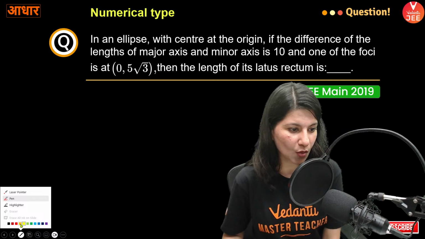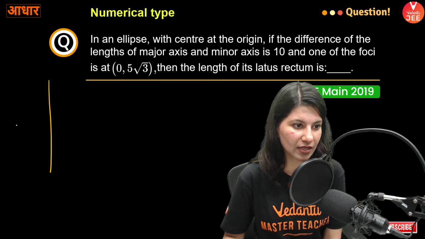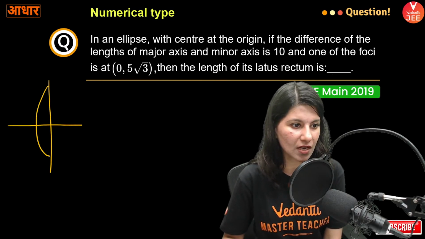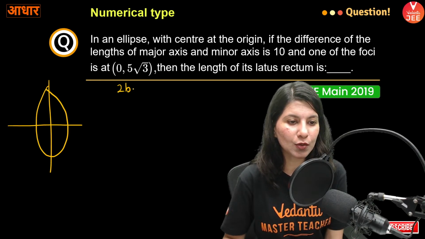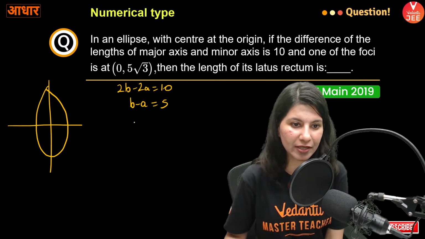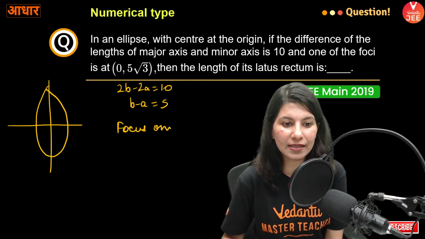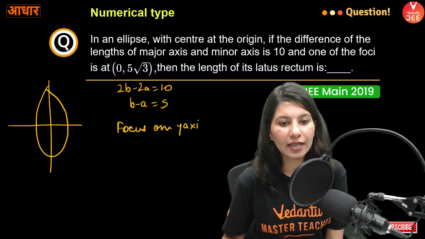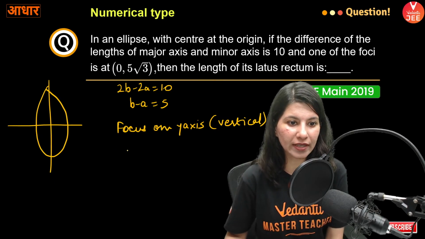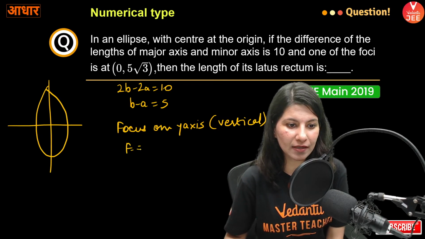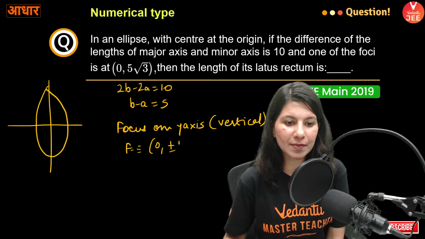Oops, I have erased all the ink. I need to draw again. Vertical ellipse, 2b minus 2a is 10, b minus a is 5, perfect. And now the focus is lying on the y-axis. That means it is a vertical ellipse. Focus is (0, plus minus BE).